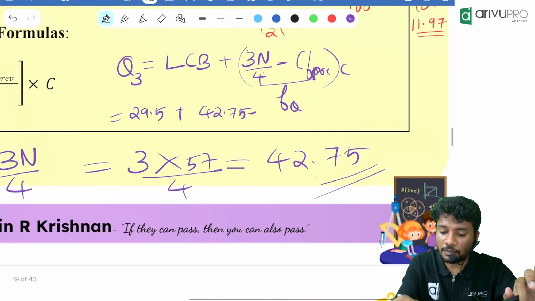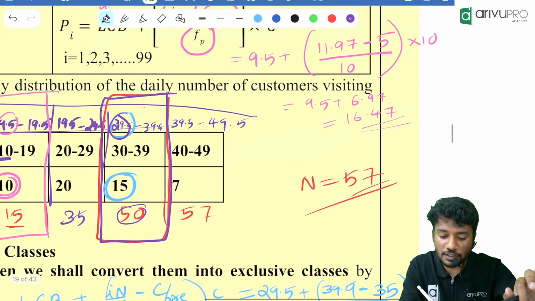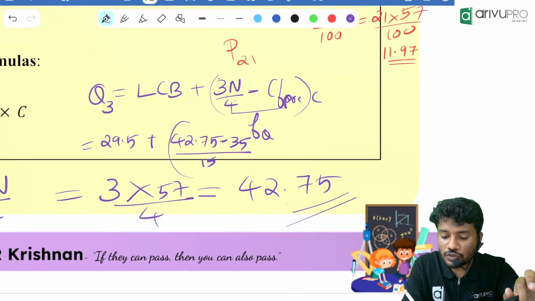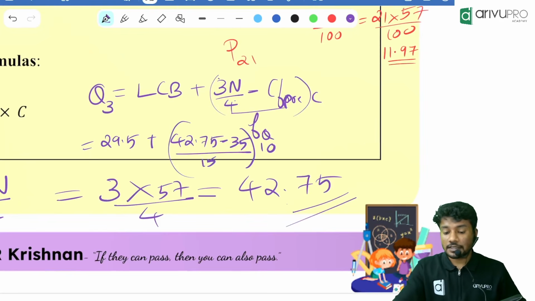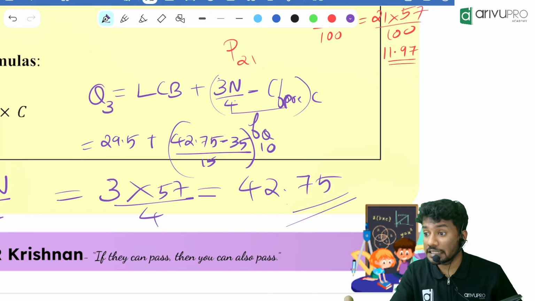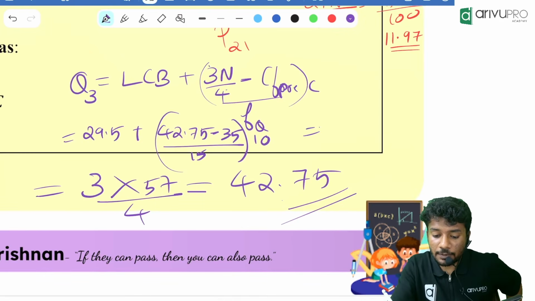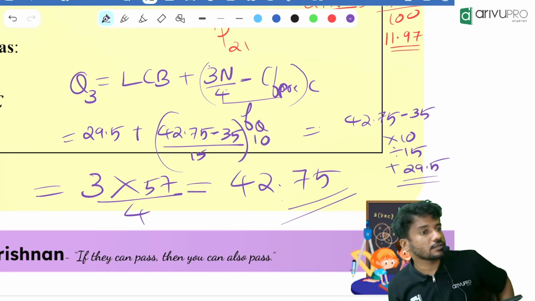Put that value, divided by frequency of our class, 15, into C, which is 10. Get me the answer. 33.37. How to do it in the calculator? You will type 42.75 minus 35, multiply by 10, divide by 15, plus 29.5. You will get the answer.